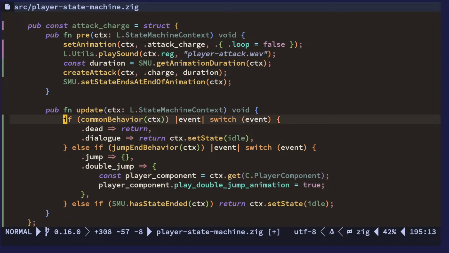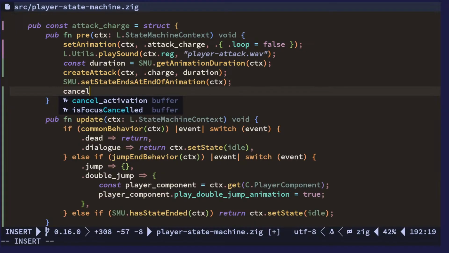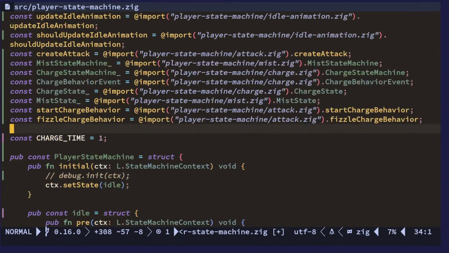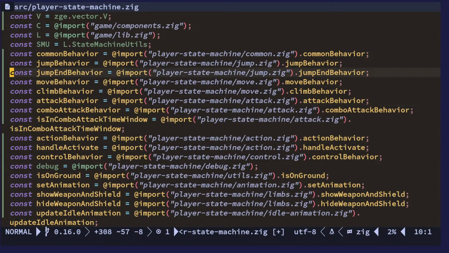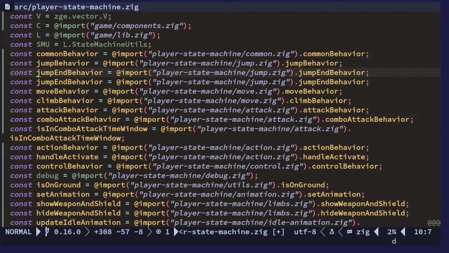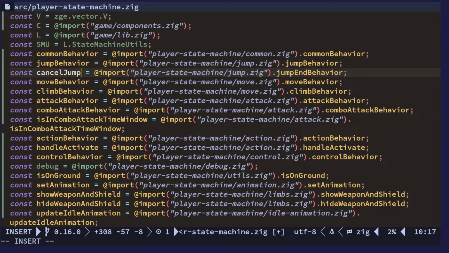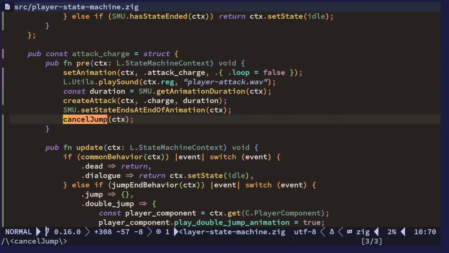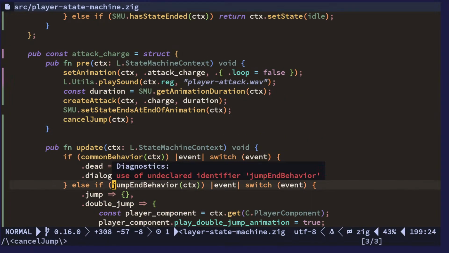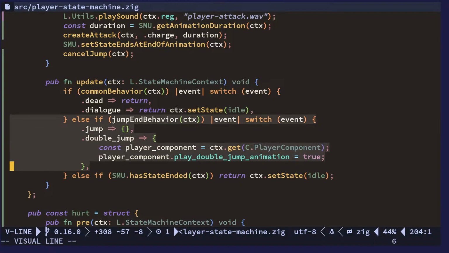So instead of calling this every frame, we can just call cancel jump here. And then we don't even need this.